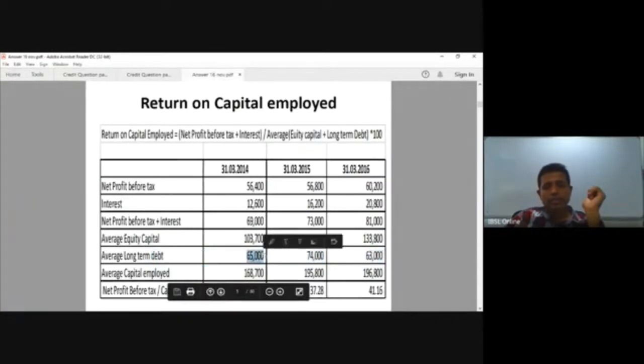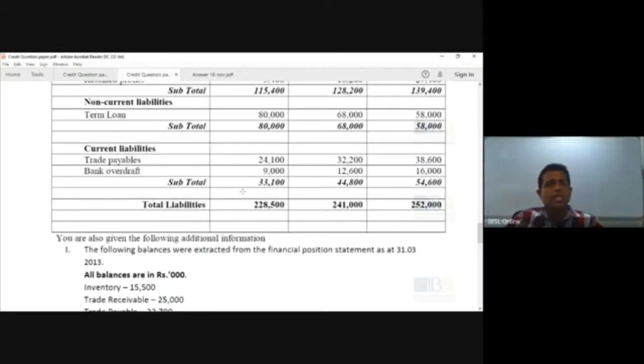Here 65,000. Now I calculate for 2015 also. 74,000 is the answer. Now we'll see how it was calculated. Go to your question paper. 2014, 80,000, 2015, 68,000.